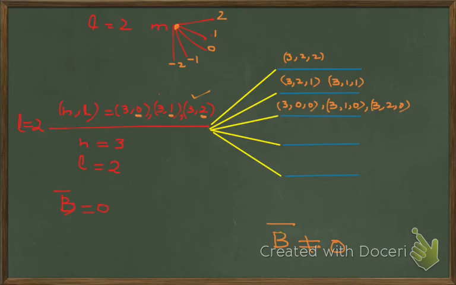3 0 0, this level can be shown here, which is not split under the magnetic field, and 3 1 1 is the level for which the value of M is also equal to 1.